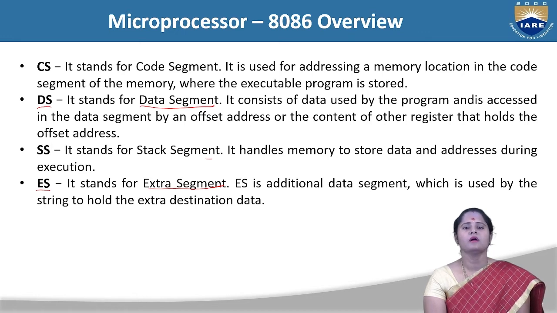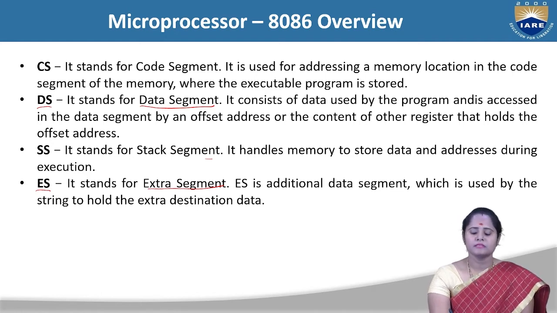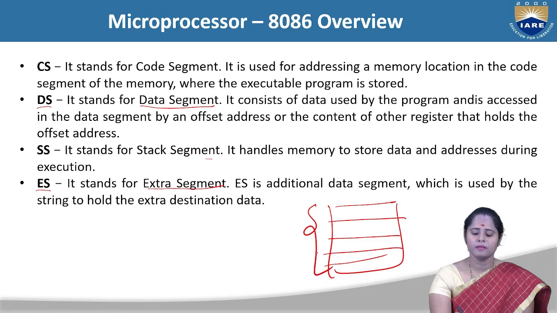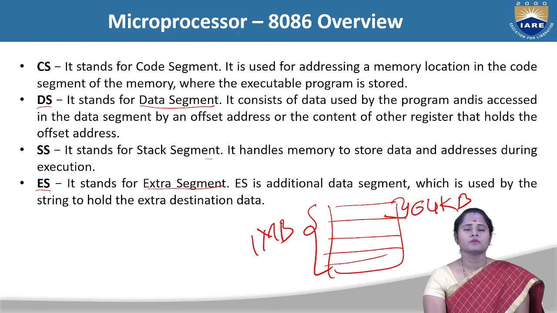The 8086 has 1 MB of memory. That 1 MB memory is divided into segments, each of 64 kilobytes.